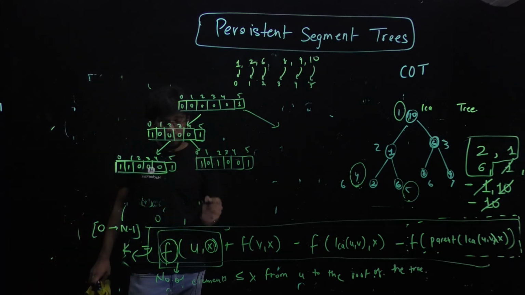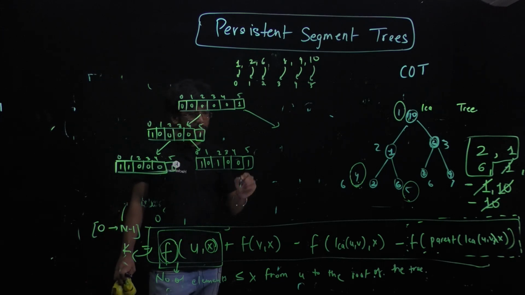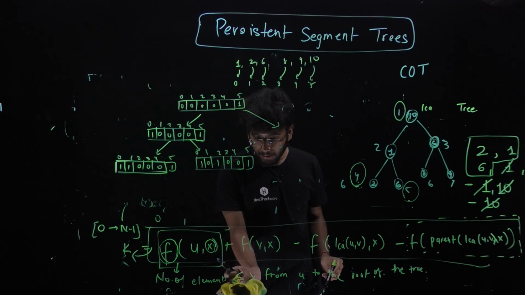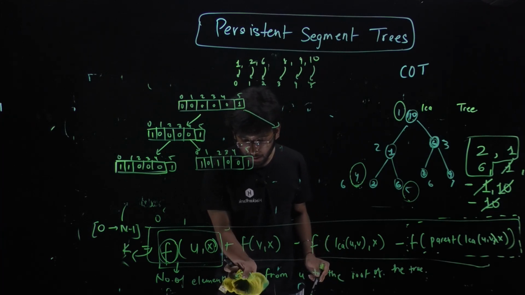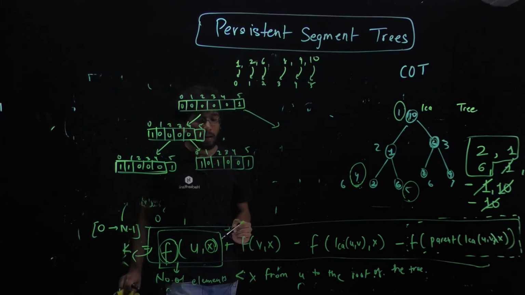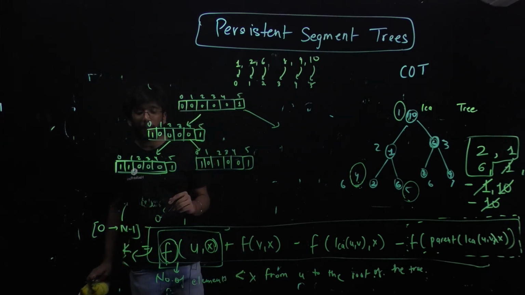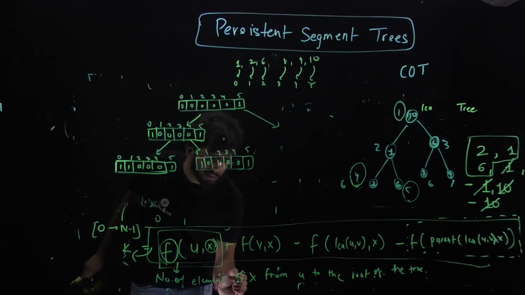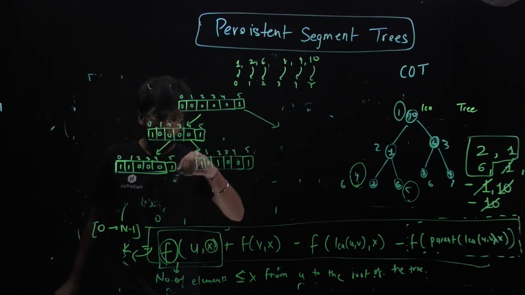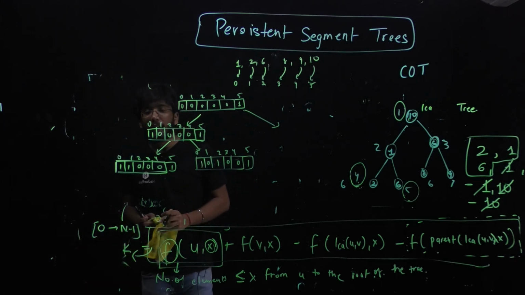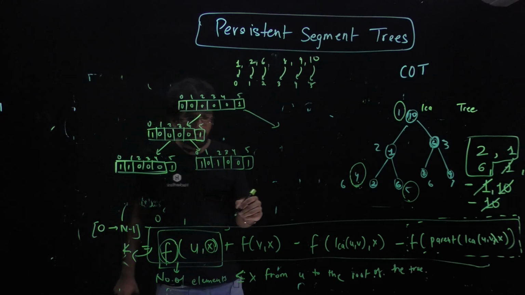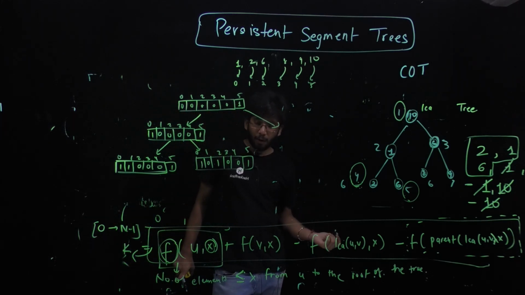So instead, I should change this function to be the number of elements less than x. But still there can be an issue, because if we are having a 0 over here, we cannot be sure whether this element is actually there or not.